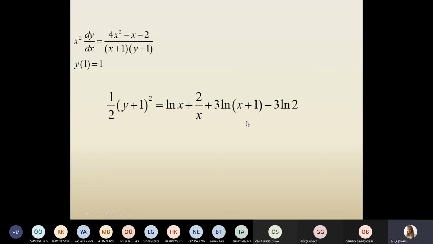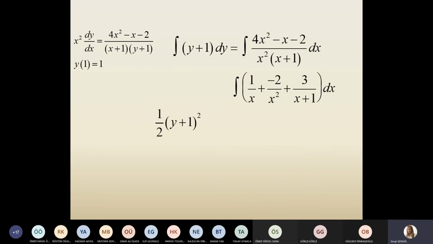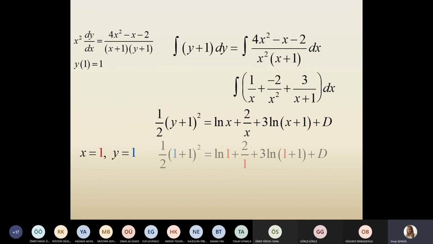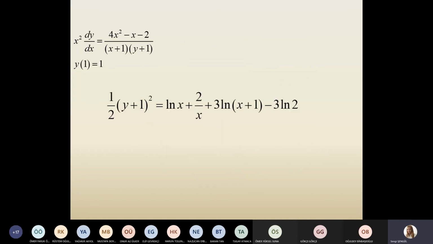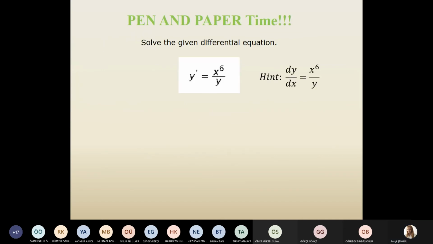Again, please do it by yourself with pen and paper without looking at the solutions here. You need to remember the integral part. Once you remember the integral part, the solutions are not hard, but you need to remember it. Now I want you to solve this one. Pen and paper time.